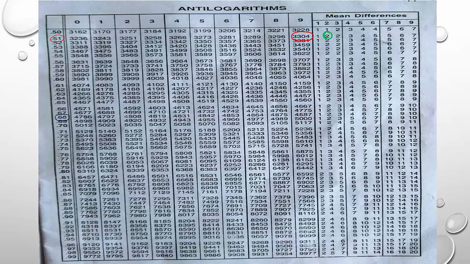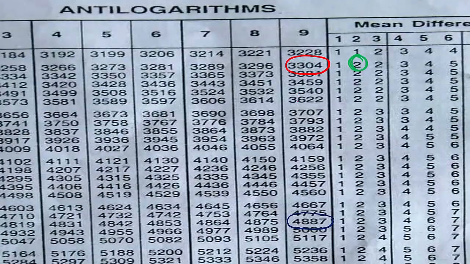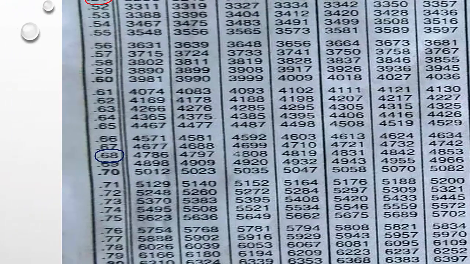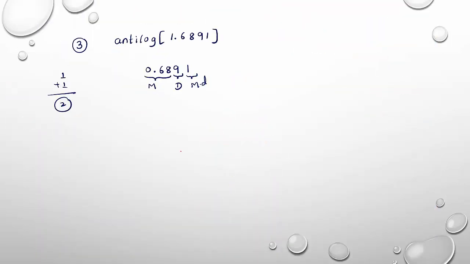So we got this answer. You can observe here, the answer is 4887. Right? Now 0.68 at 9 is 4887. We can write it here.